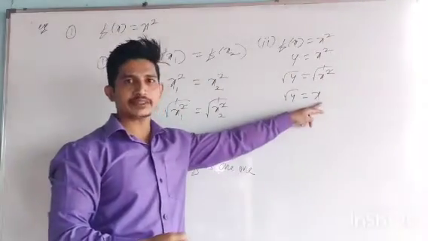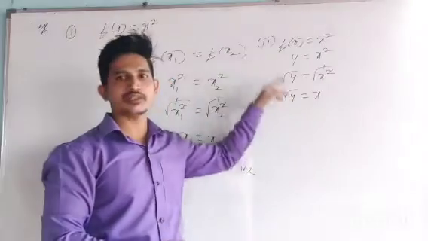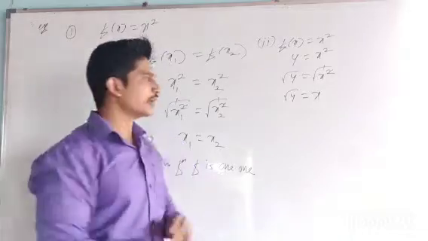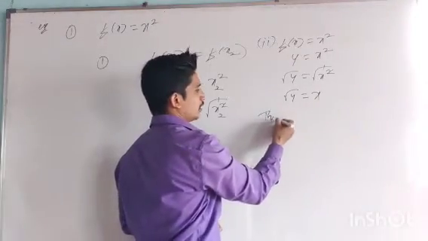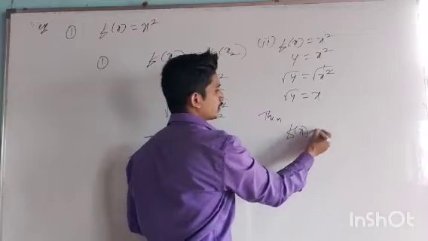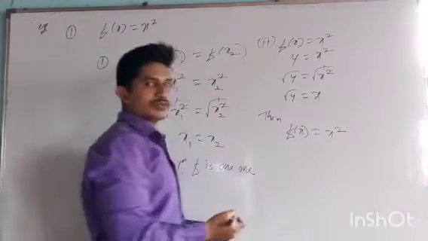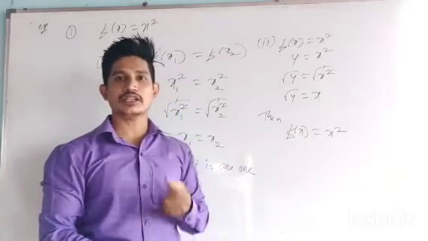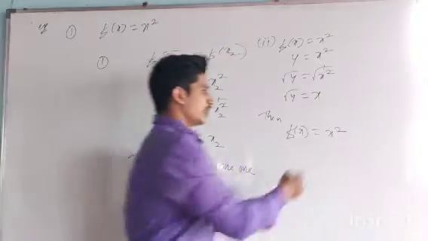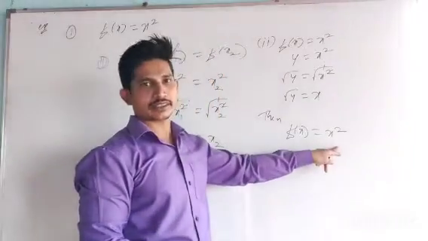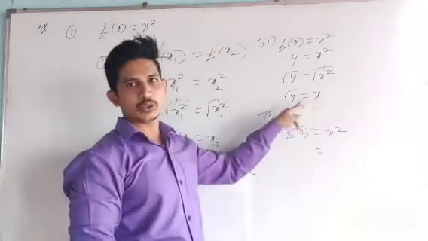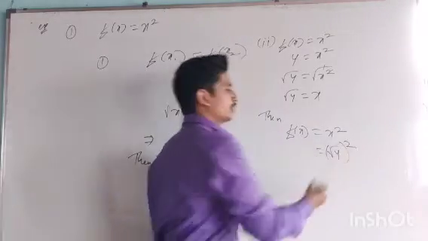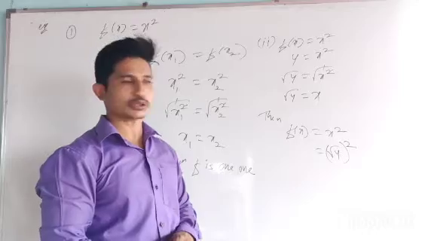Now the square root and square cancel, so square root of y is equal to x. The value of x we got here is root y. Now solve again f of x. If f of x is coming equal to y, then the function is called onto function. Now let's put the value of x here. x is root y, so root y whole square.